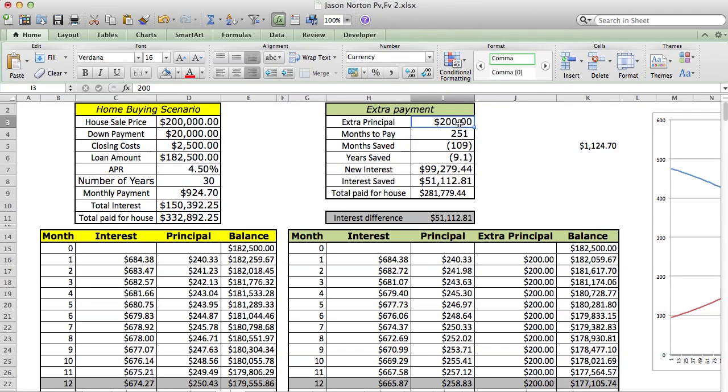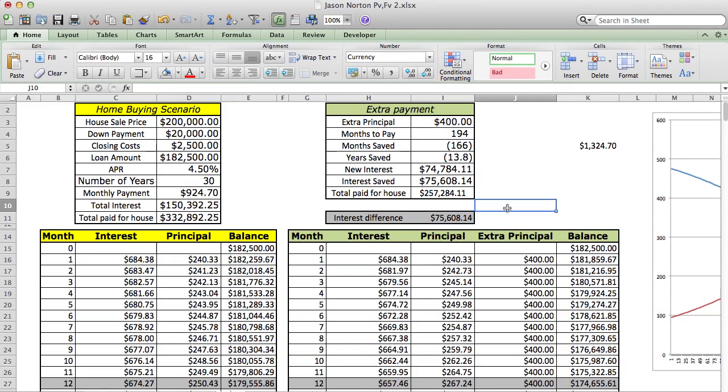So let's say you had been renting a house and you'd been paying $1,500 or something along those lines. So let's say you could actually afford another $400. You see that the interest difference here just keeps going up. You're going to continue to save yourself money. The more money you put towards this, the better.